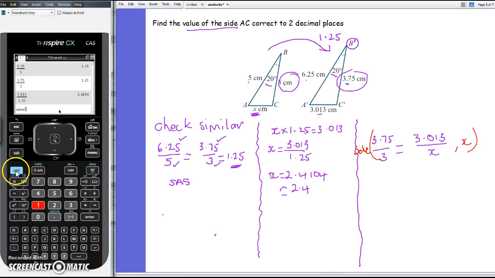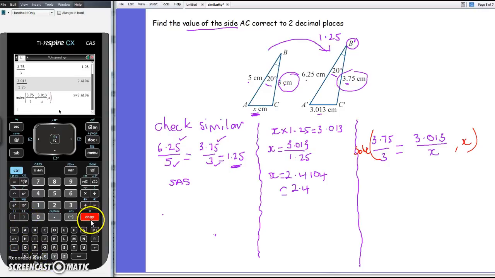Then we put that fraction in using the fraction template, 3.75 down there over 3 equals, get a fraction template, 3.013 over x, which is our unknown. Then remember the all-important comma x, otherwise it's not going to work for you.